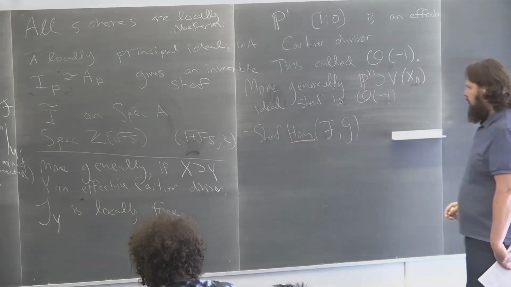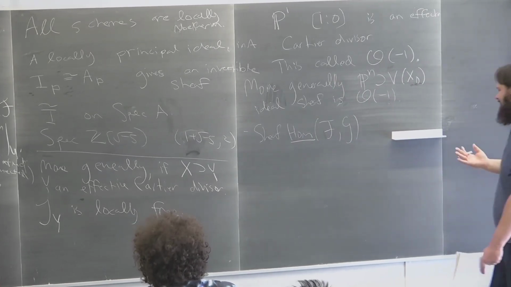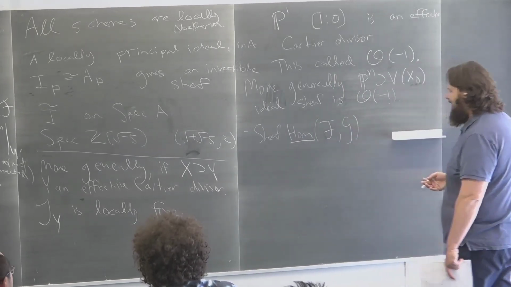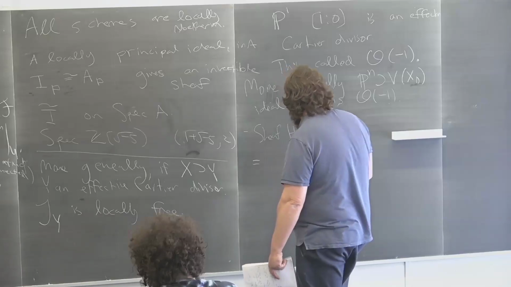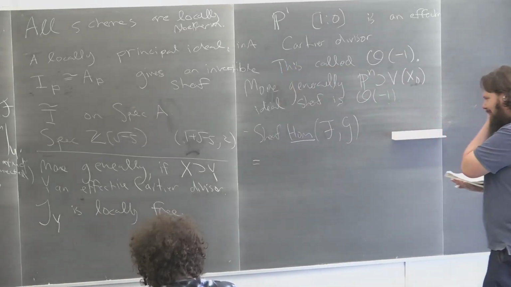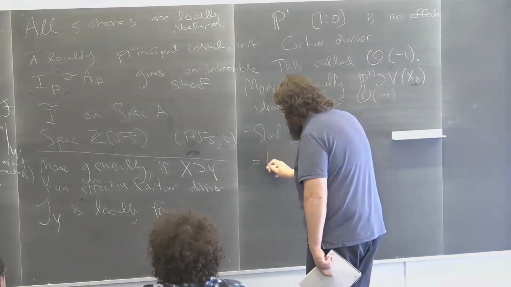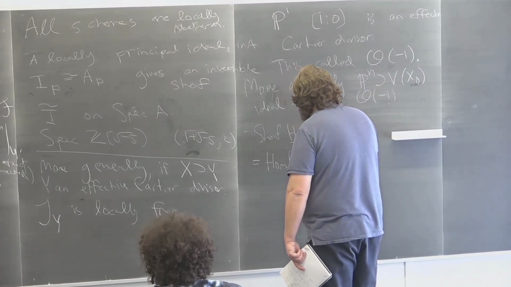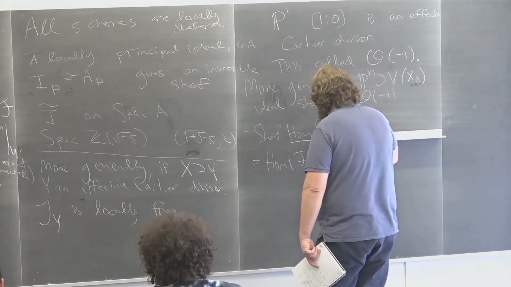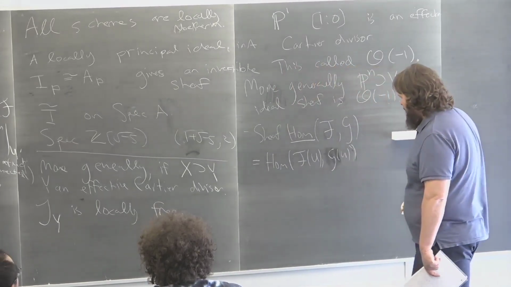So I'm going to use hom underline. In printing, you would use sort of scripty characters for the hom, but it's too hard for me to consistently do that on the board, so I'm just going to use underline. So what is this? We actually have to be a tiny bit careful about what this means, because it's tempting to write hom of F|_U, G|_U.